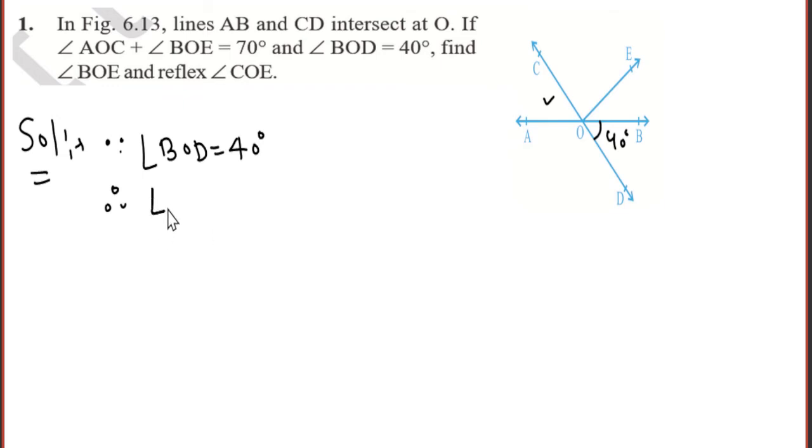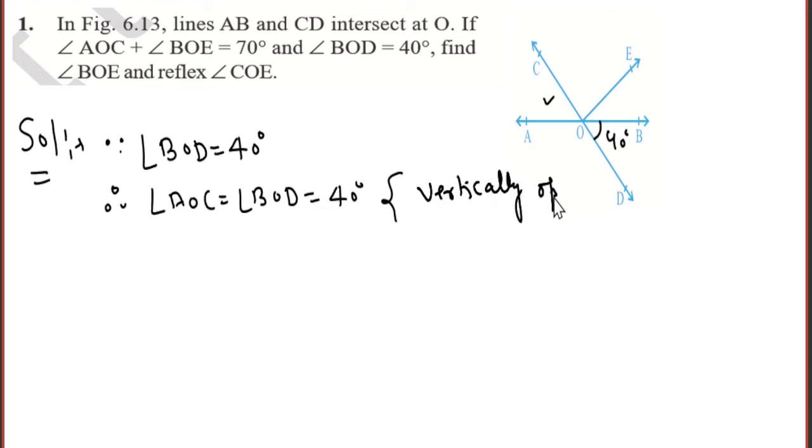Angle AOC is equal to angle BOD, which is equal to 40 degrees, and the reason is vertically opposite angles. Very good. So this angle we get as 40 degrees.